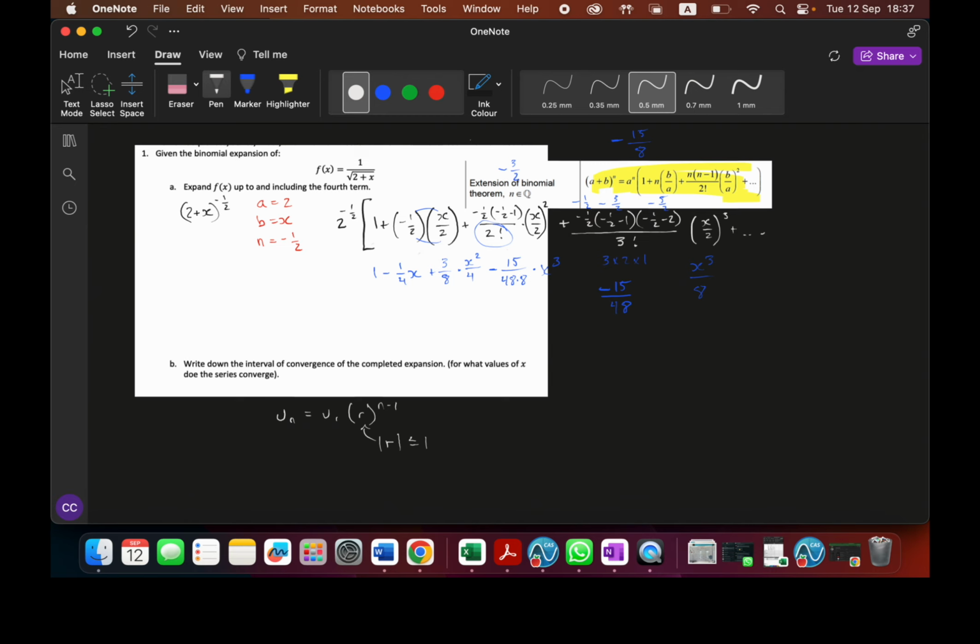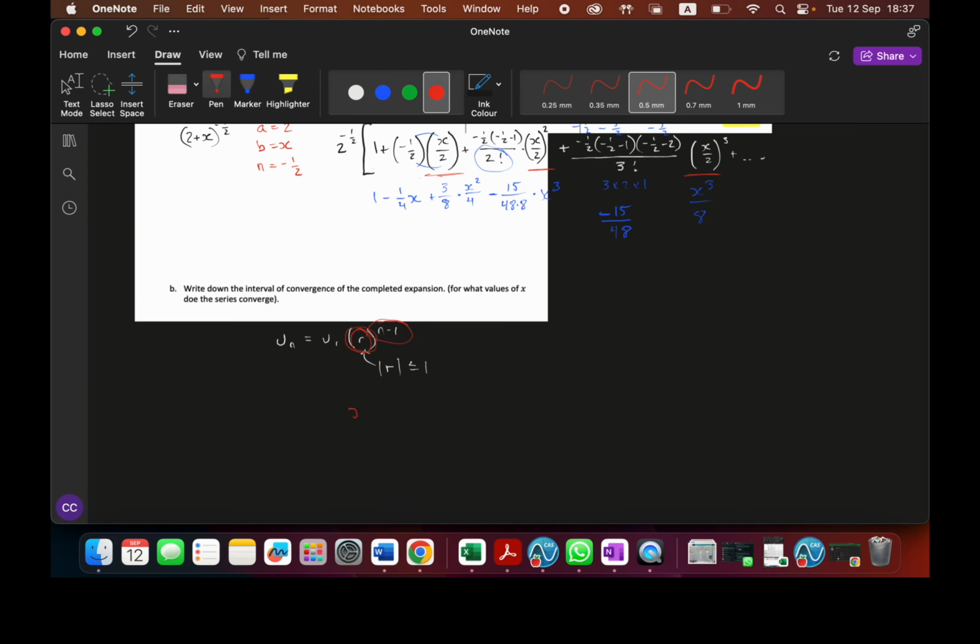So looking at the way this sets up, we need to find the thing that is raised to a power, right? Which of these terms in our expansion consistently gets raised to a power? Well, it's the x over 2 term. So when the absolute value of x over 2 is less than or equal to 1, then the series converges.